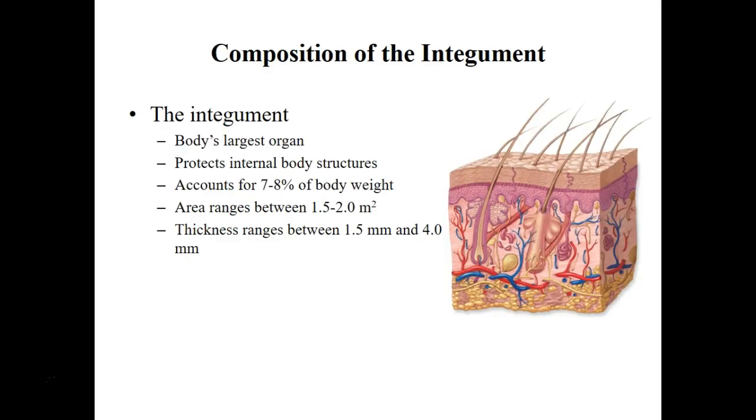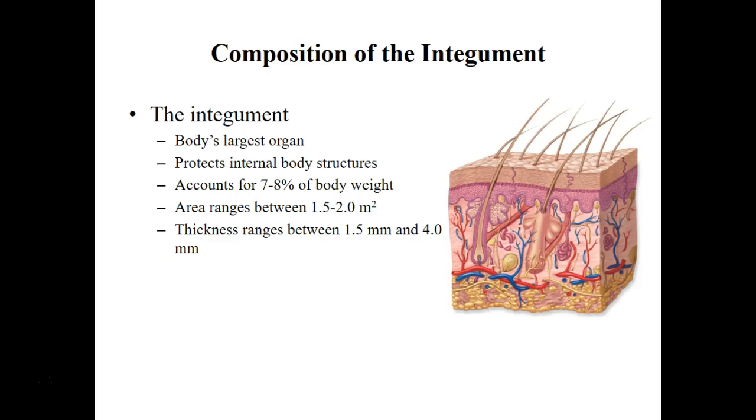So the integument is the largest organ of the body. It's one large organ. It weighs very close to 10% of our body weight, so about 7 to 8% of our body weight is just our skin. It can range in thickness and in color, and we'll talk about the differences.